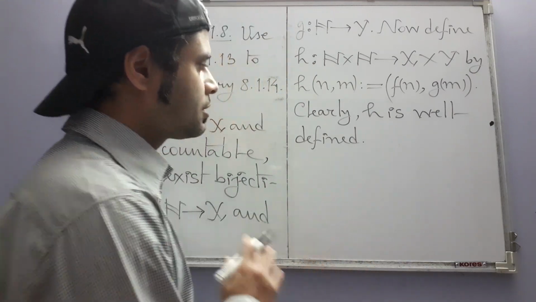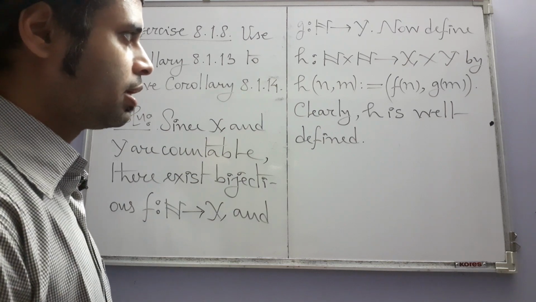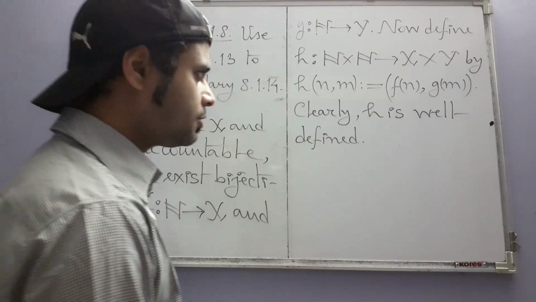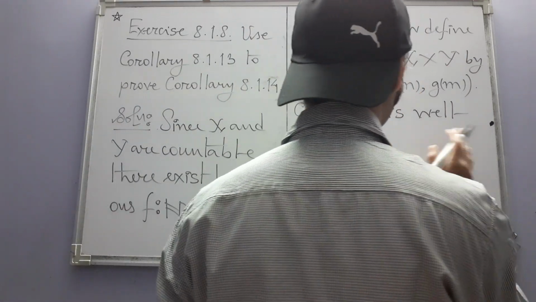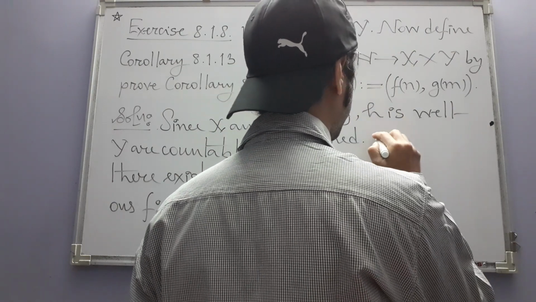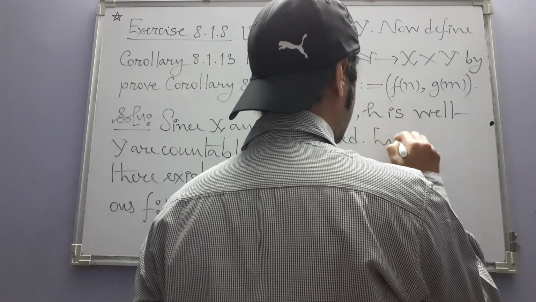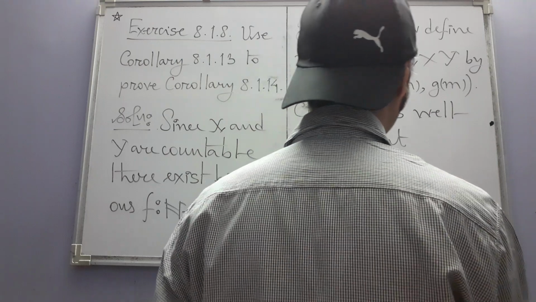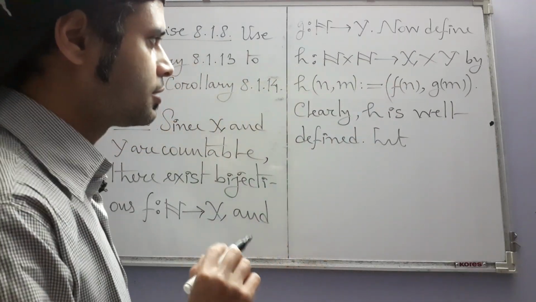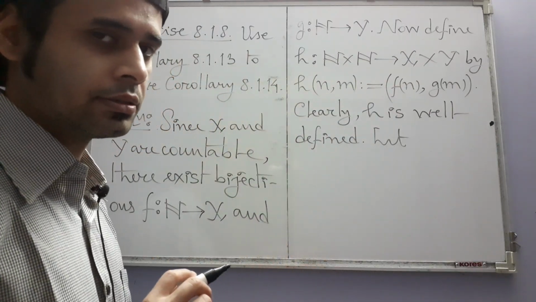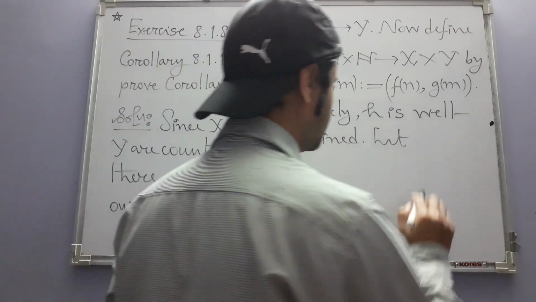Okay, now we just need to show that this H is actually a bijection. That is also extremely straightforward, but still let's go through it. So for showing that H is a bijection, let us first show that H is an injection, an injective function, one-to-one.